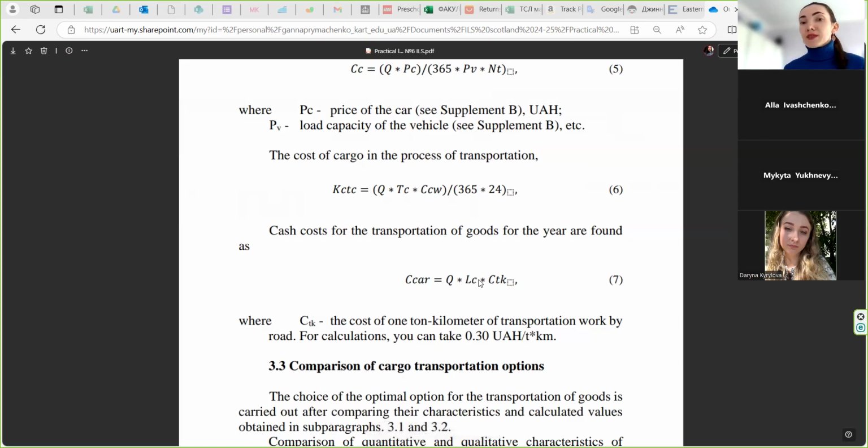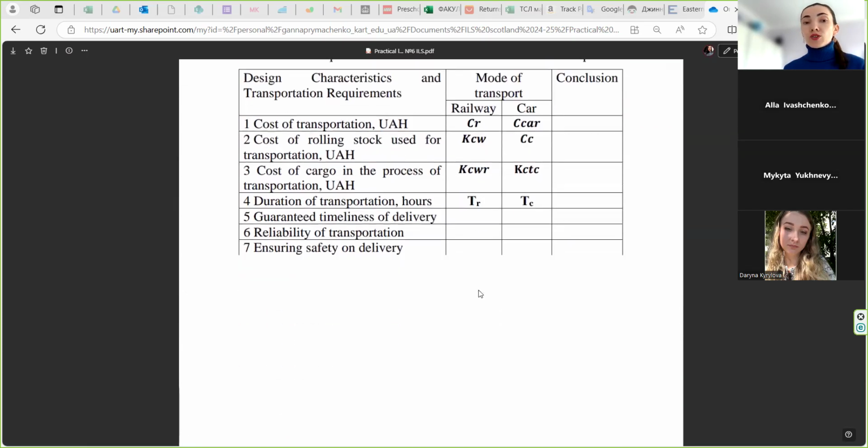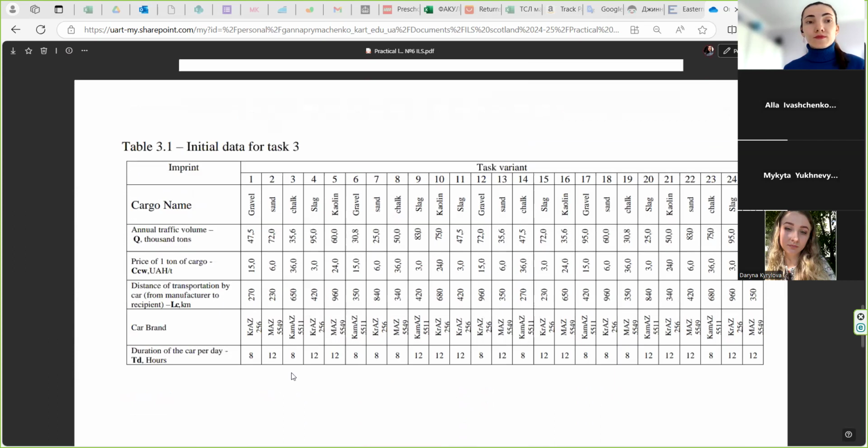Multiplied by L with index C. We used this parameter today, but I can show it in our table 3.1. It is the third parameter from the end of the fourth line of our table. For example, for the first variant it is 270. For the second variant, 230, and so on. Please find your distance in kilometers.